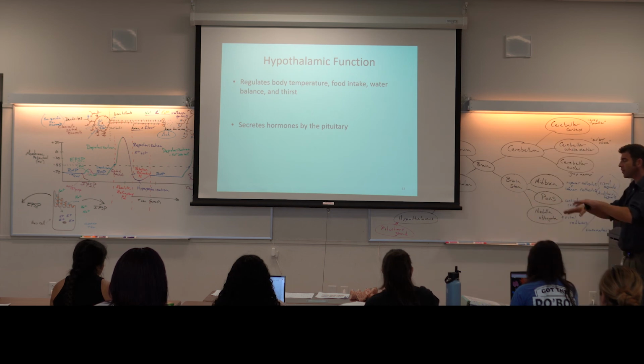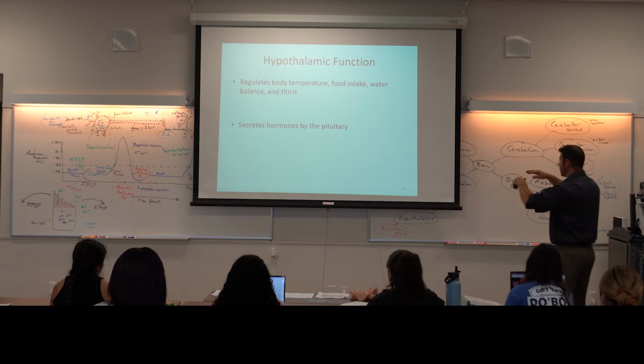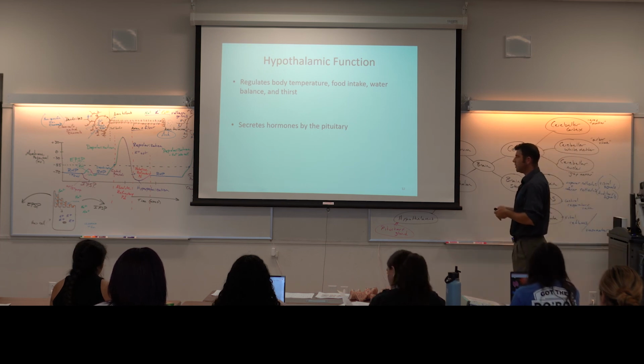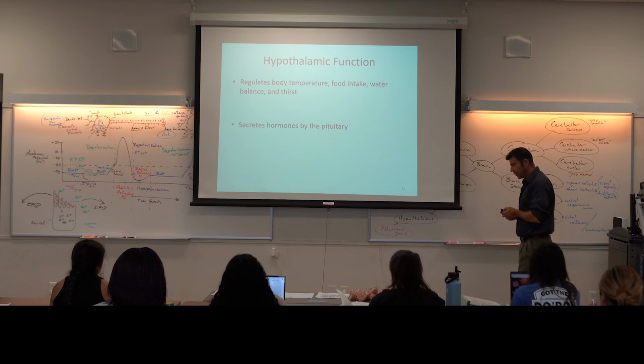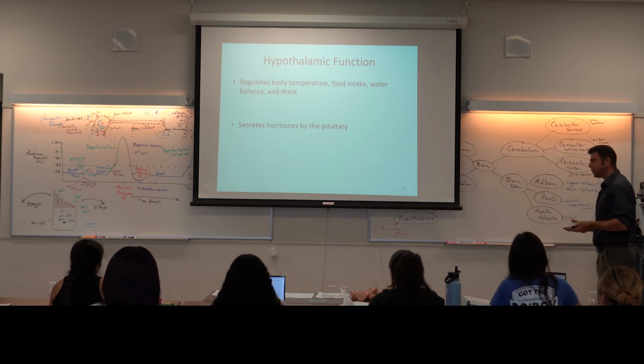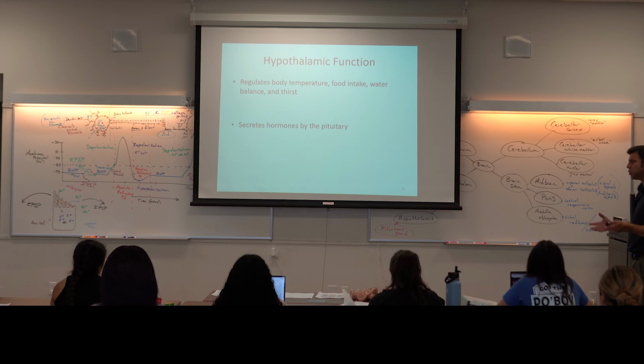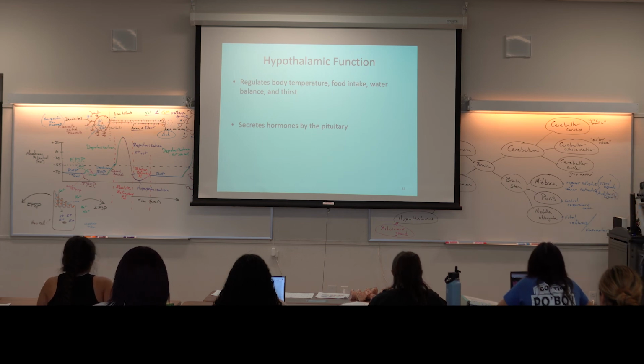Whether it's glucose or these sodium ions, when they get to a certain concentration in the bloodstream, it's picked up by the hypothalamus, and it's one of the things that makes you feel thirsty, so that you'll ingest some water and dilute the concentration of ions that you've ingested.